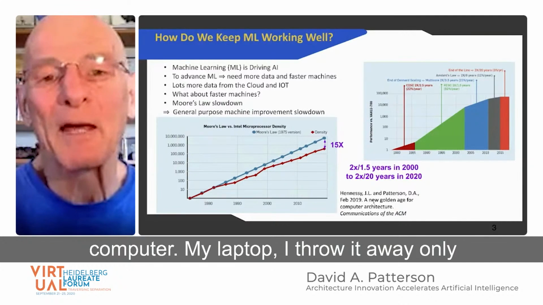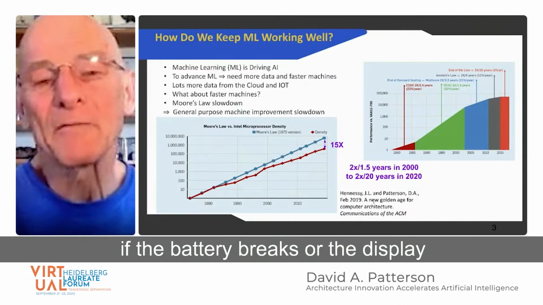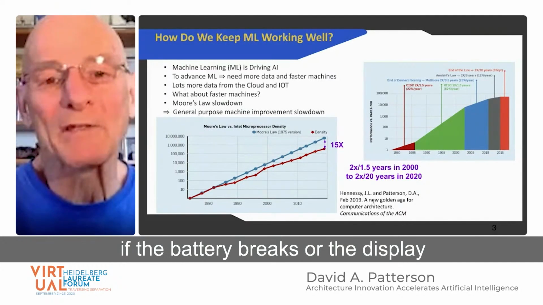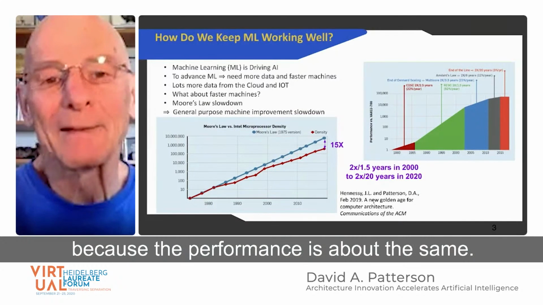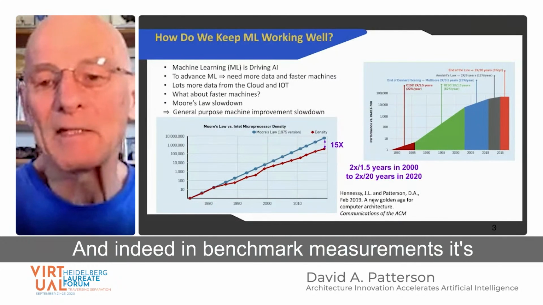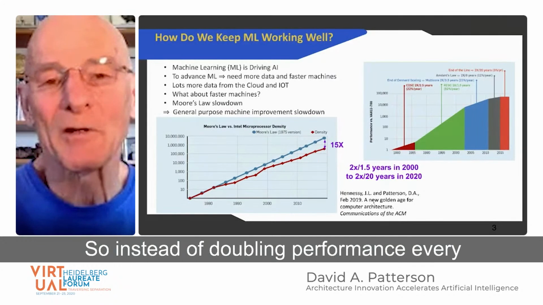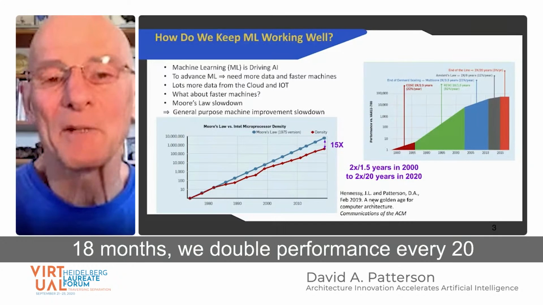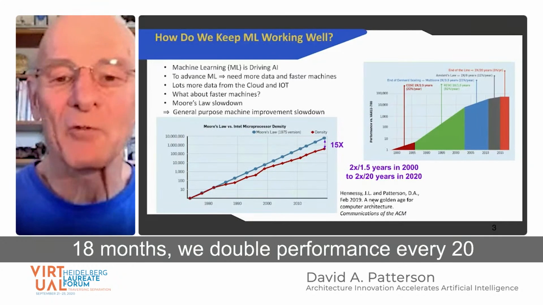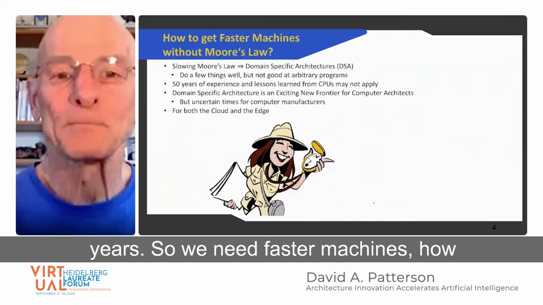I throw my laptop away only if the battery breaks or the display breaks or something like that, because the performance is about the same. And indeed, in benchmark measurements, it's only improving a few percent per year. So instead of doubling performance every 18 months, we double performance every 20 years.